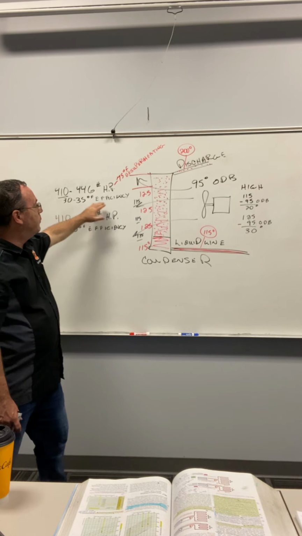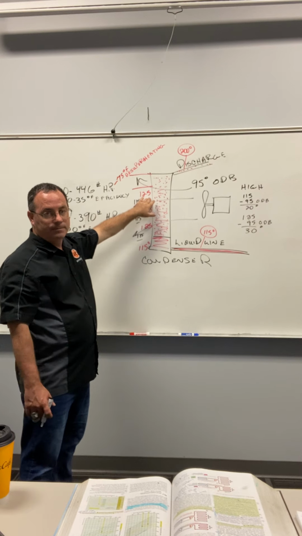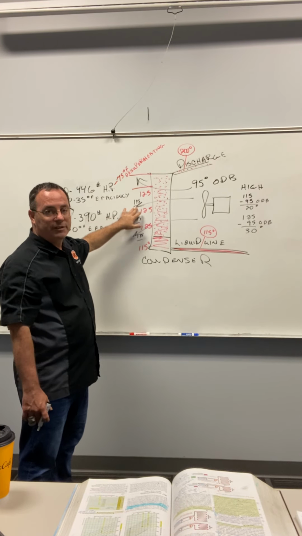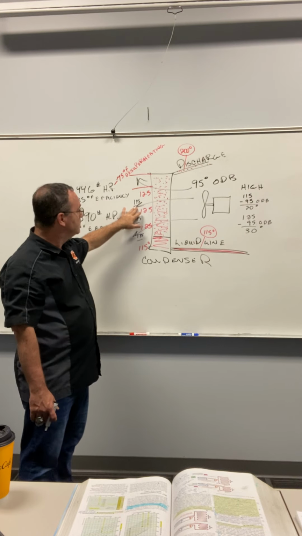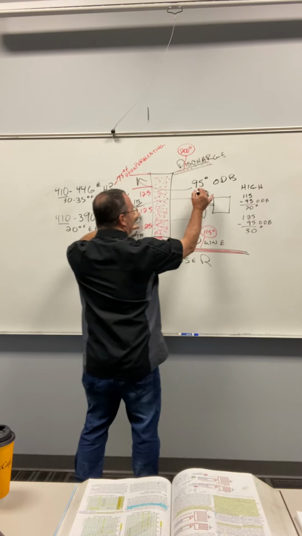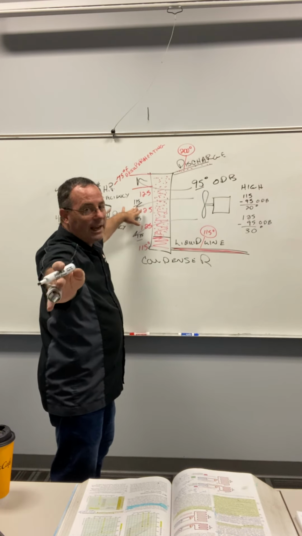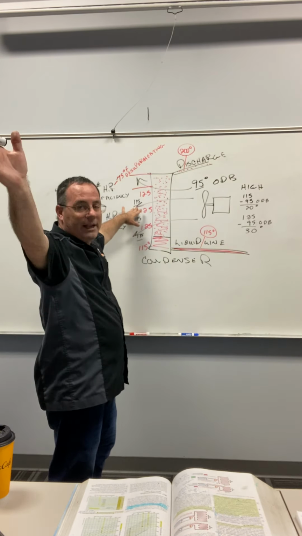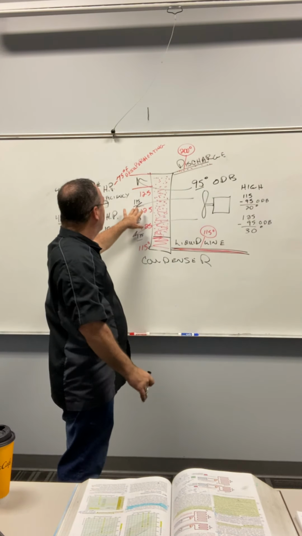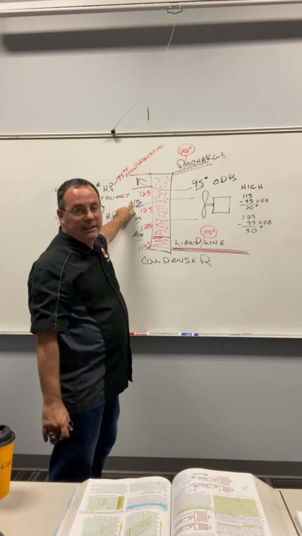Now, if we lowered the head pressure, so let's lower the condensing temperature to 115. That would mean this stayed 95 because you're not changing the outdoor temperature. Mother Nature's got it. It's 95. You ain't changing that. It's 115 can be changed.